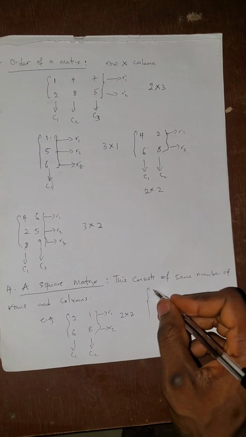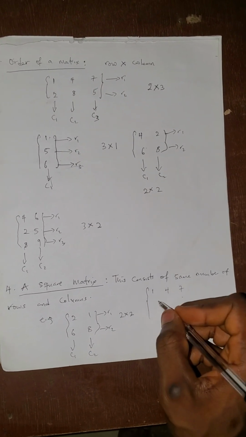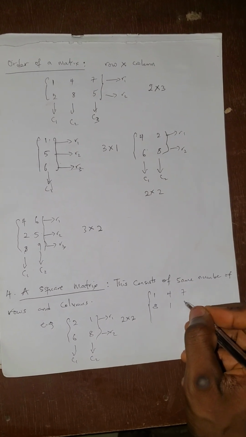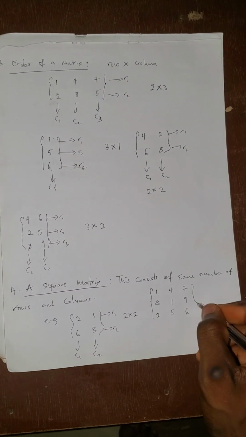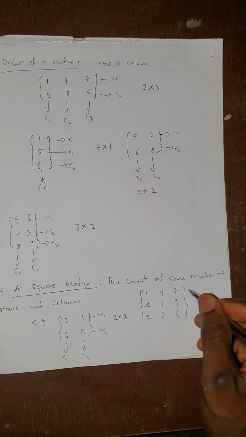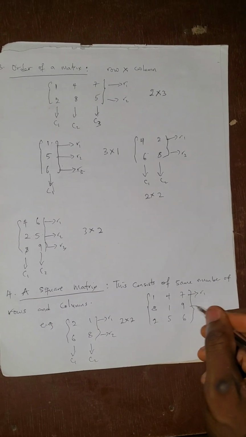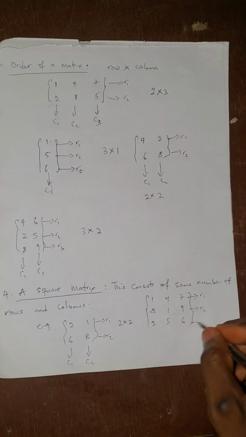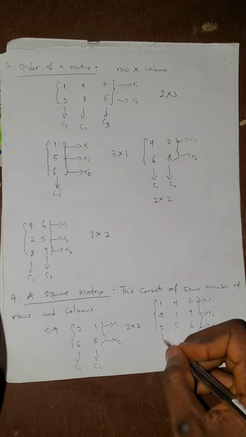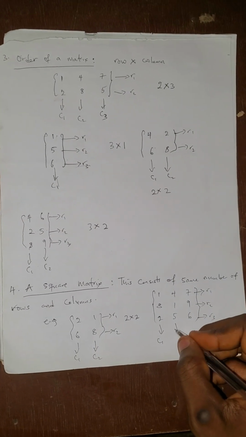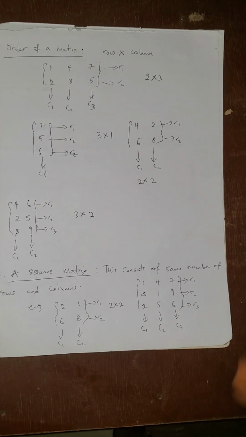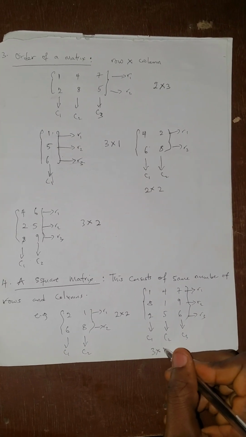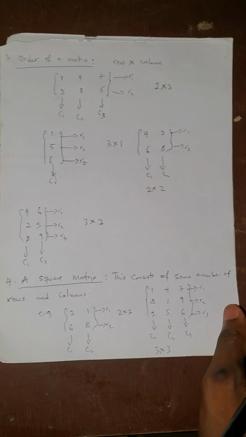If you have this 1 4 7 8 1 9 2 5 6, we check this very well. This is first row, second row, third row, first column, second column, third column. Then we can call this 3 by 3. So it is a square matrix.